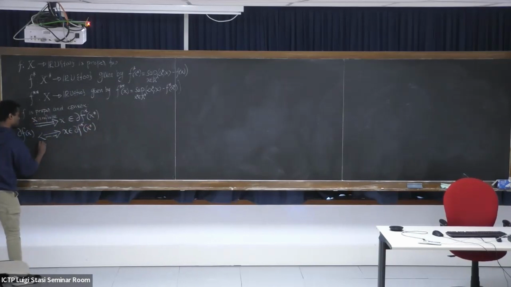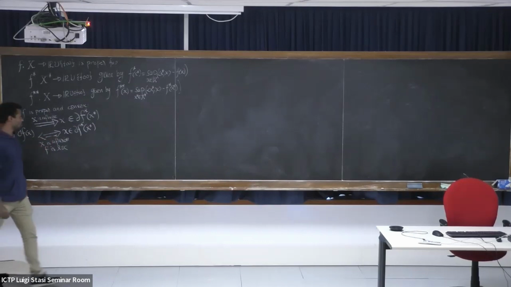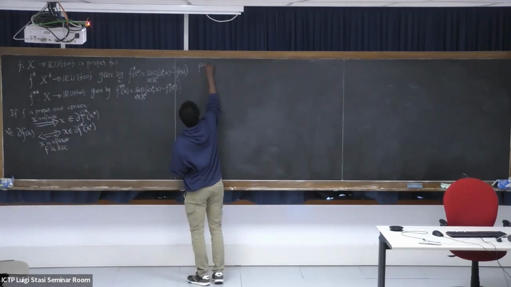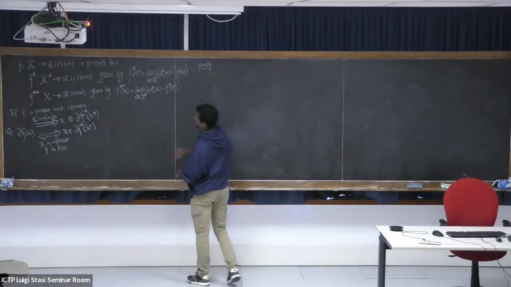If here x is reflexive, and f is again lower semicontinuous. F should be lower semicontinuous for all this, if and only if. So just to prove this, we do something here.